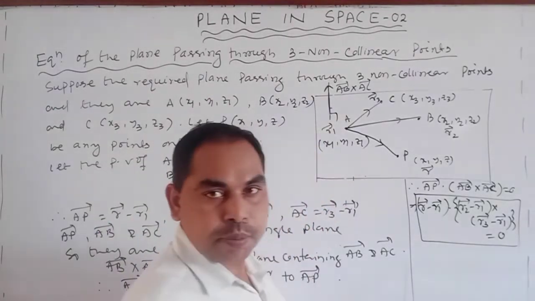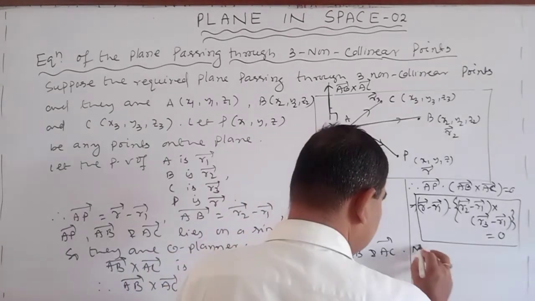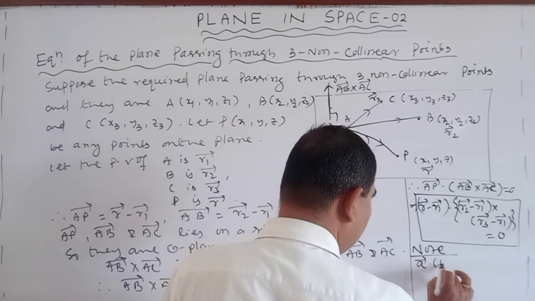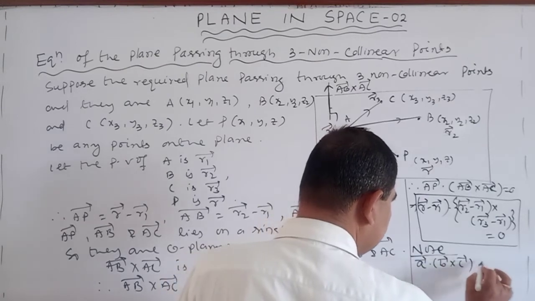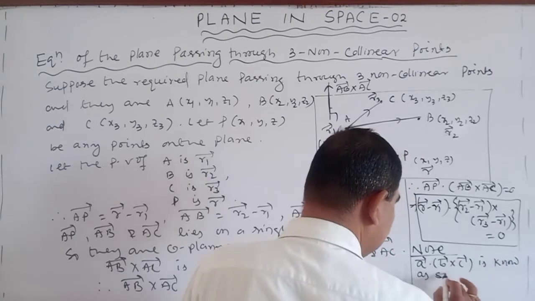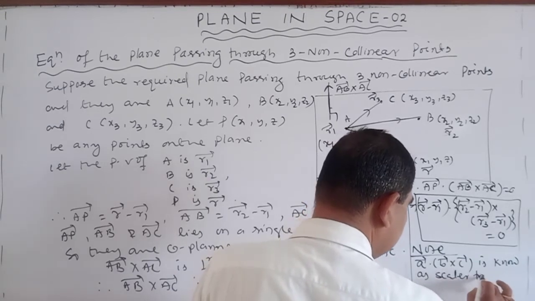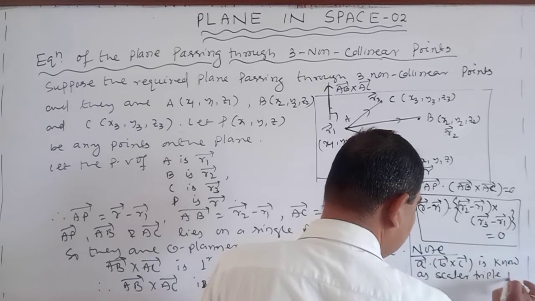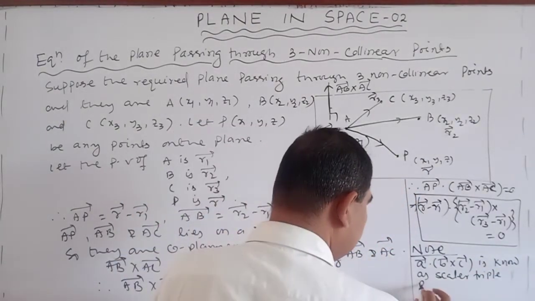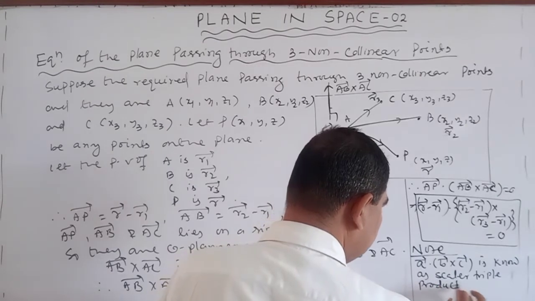Note: a vector dot b cross c is known as scalar triple product.